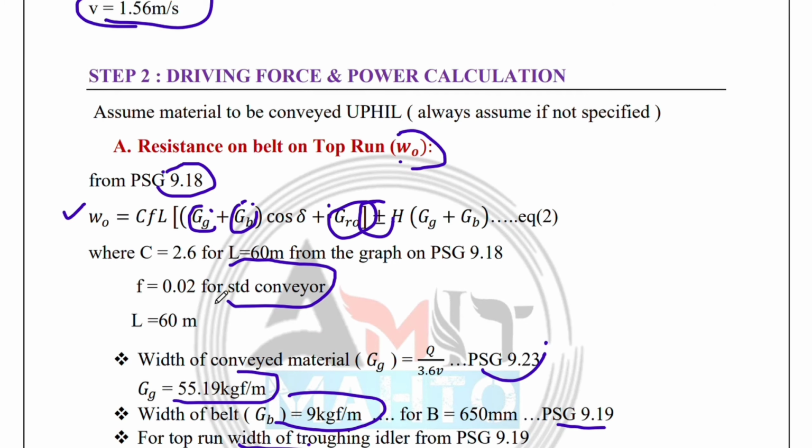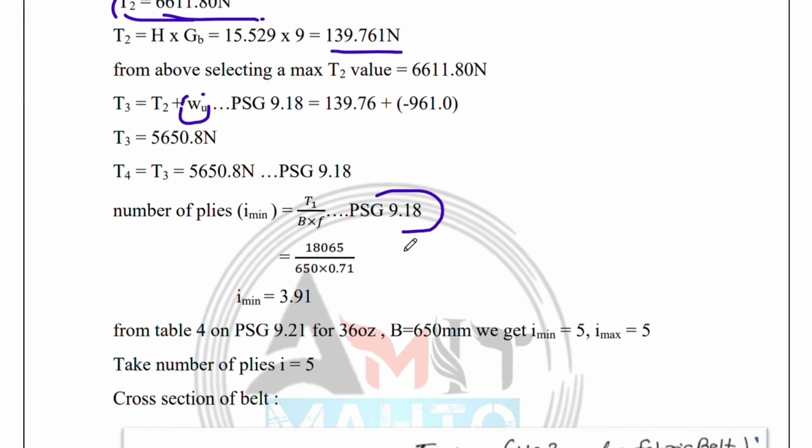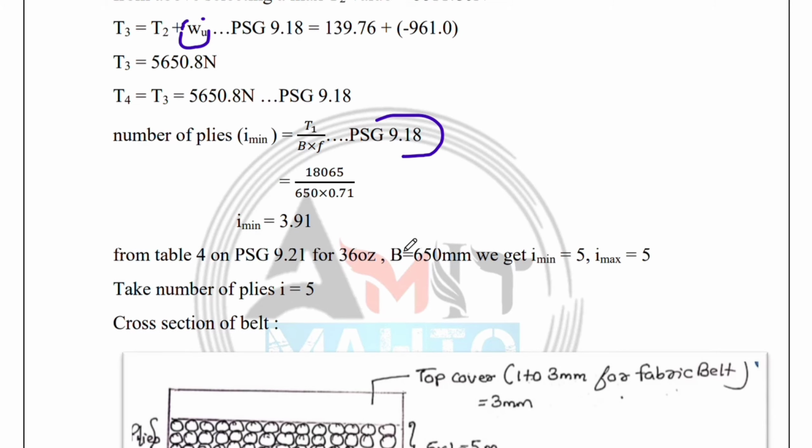Now for selecting the 650 belt width, we select 650 belt width, and for that we get the minimum and maximum number of plies, I value. So for 650 we take 36 OZ, and for 36 OZ the minimum and maximum value is 55.